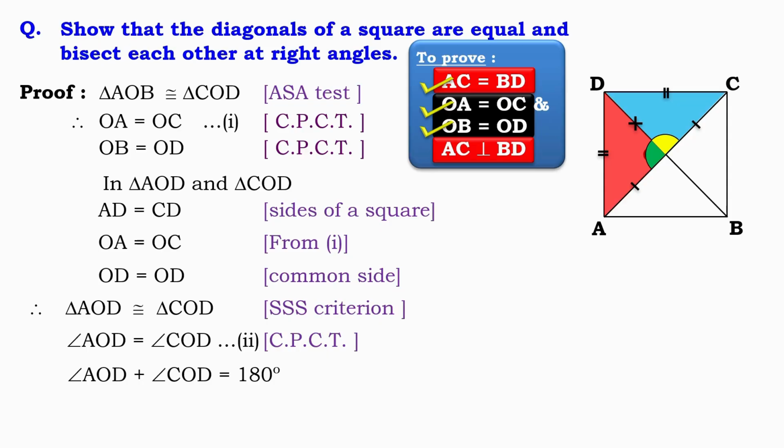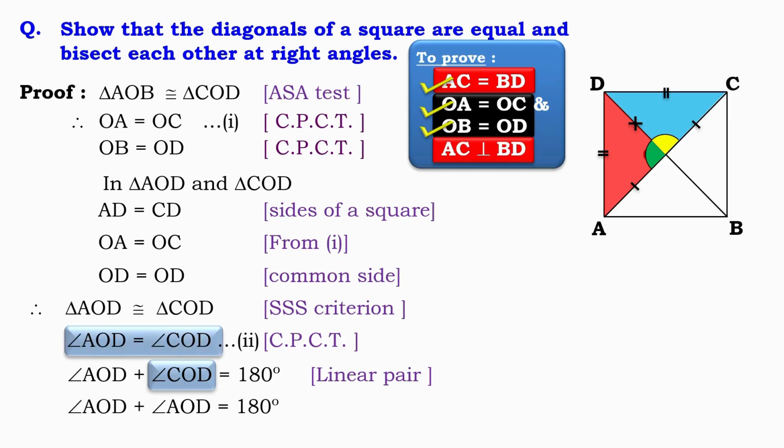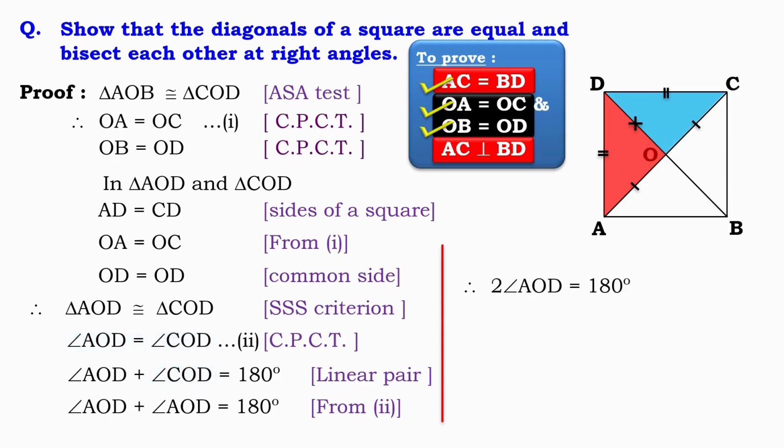But what type of angles are these? These are linear pairs. So that means angle AOD plus angle COD equals 180 degrees. Correct? Now replace one angle in equation 2, that is angle AOD plus, instead of angle COD we can write angle AOD because these are two equal angles, so that is equal to 180 degrees. So 2 angle AOD is equal to 180, so angle AOD will be 90 degrees.